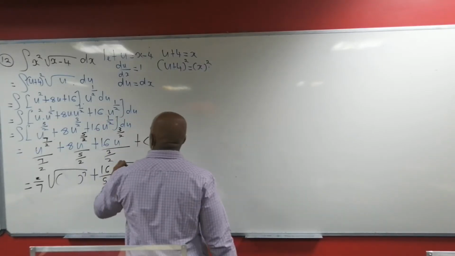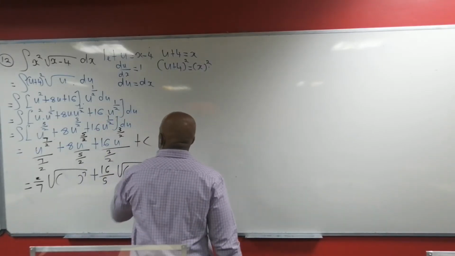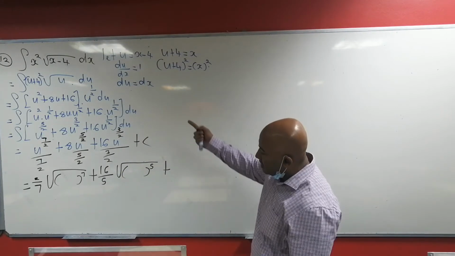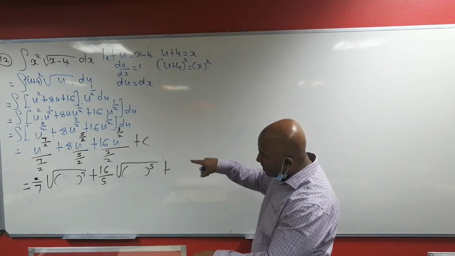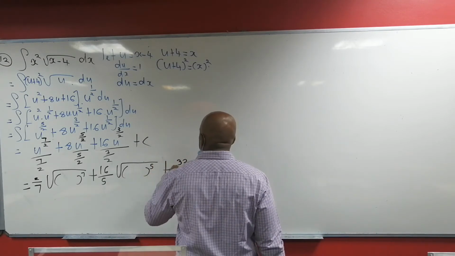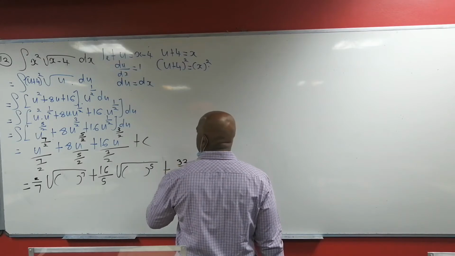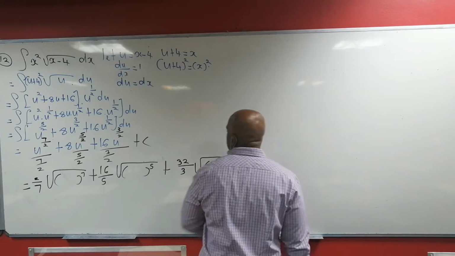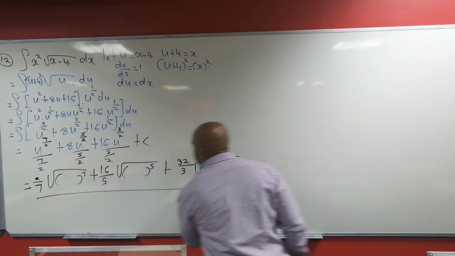We got the square root of u to the power 5 plus. Here, 16 divided by 3 over 2, that's 16 times 2, which is 32 over 3. And we got the square root of u cubed plus c, and you're done.